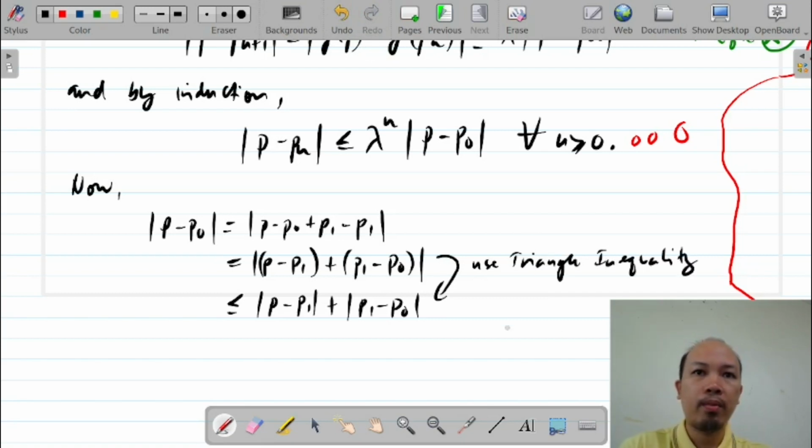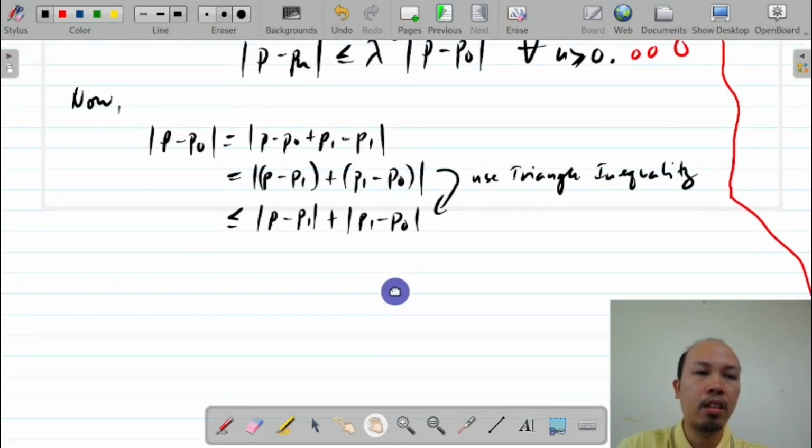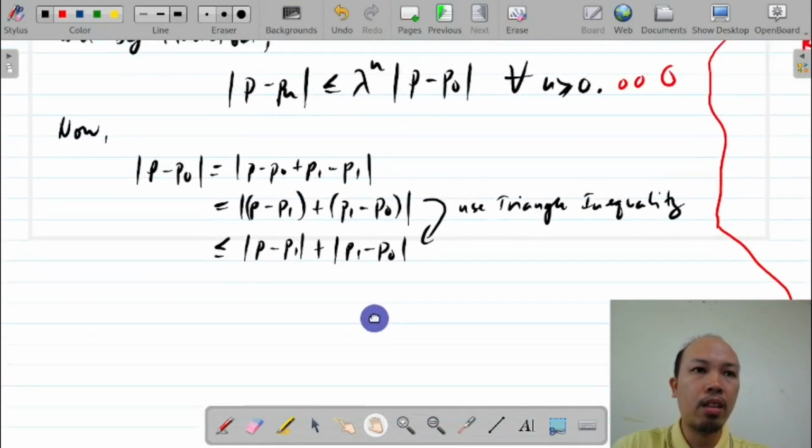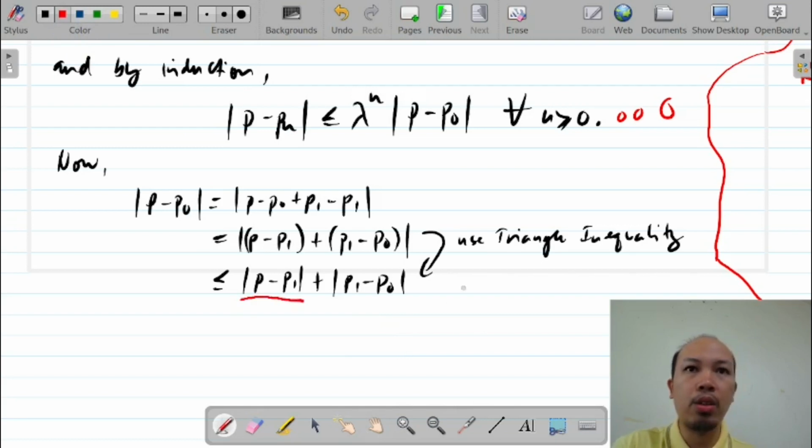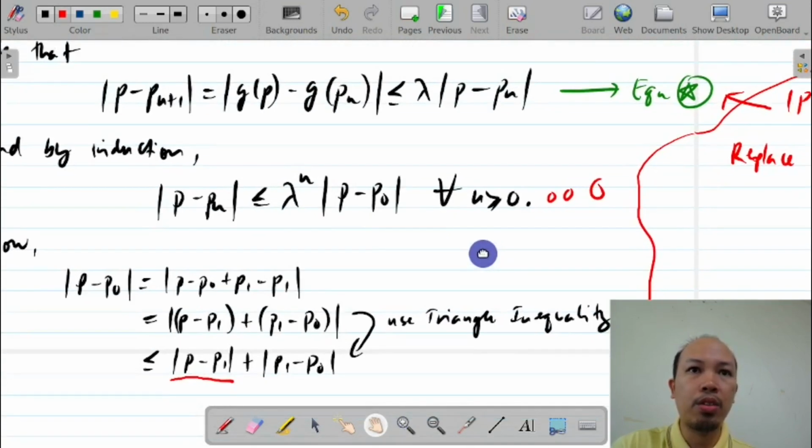Notice that for the first portion, we can use equation star. And by the way, we will denote this other portion by equation double star.